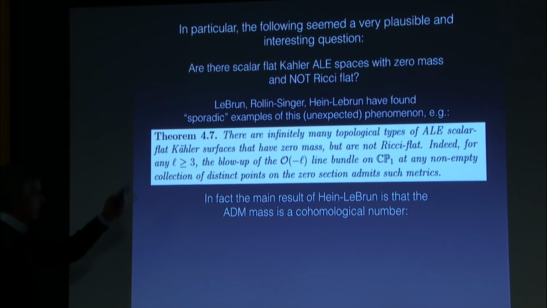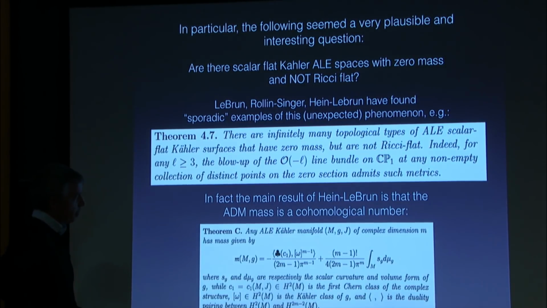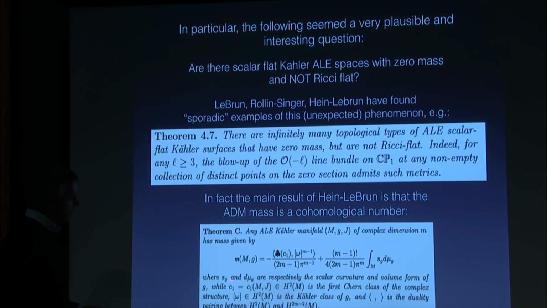But actually this type of example is a byproduct of a very elegant formula for the mass for this type of objects, which is proved by Hein and Lebrun. They proved that in the Kaehler case, and in the ALE Kaehler case, the mass is a cohomological number.